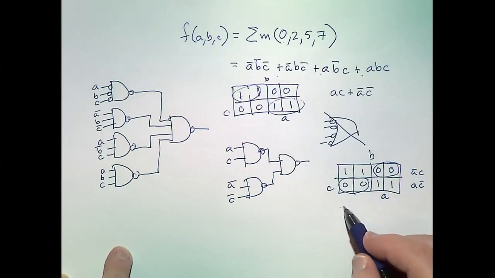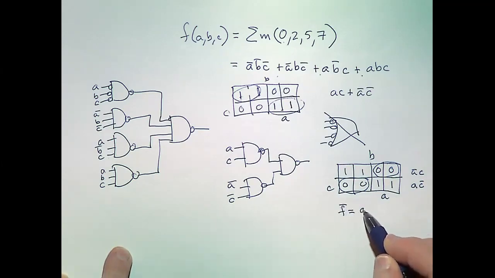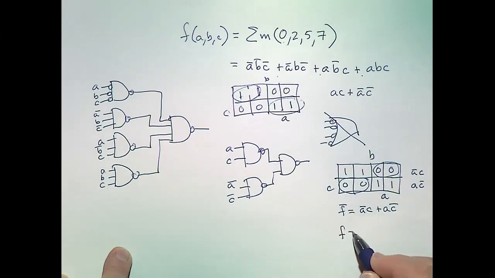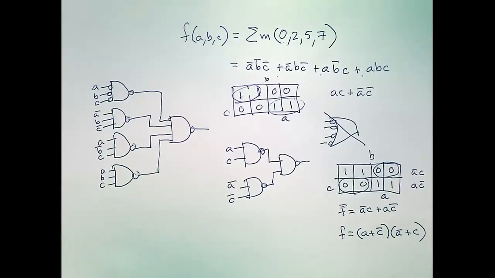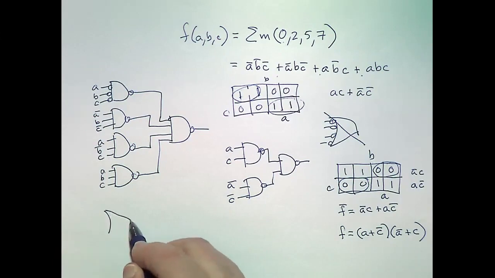And so F prime then is A bar C plus A C bar, which means F is A plus C bar and A bar plus C. Okay, and so we do the same thing. We'd have our ORs.